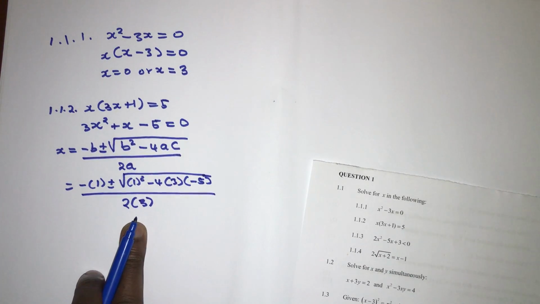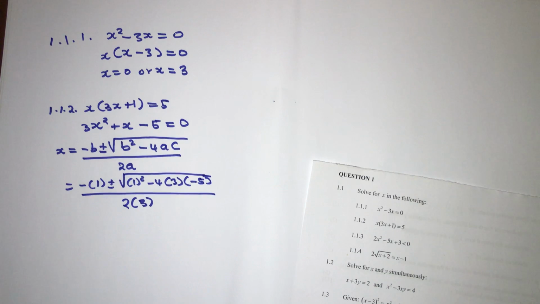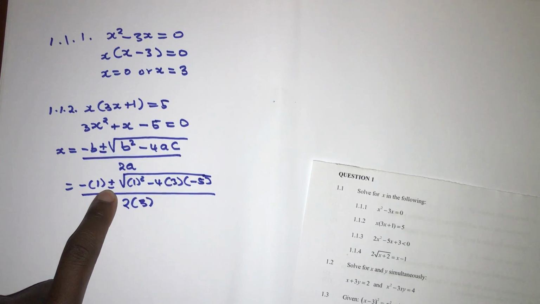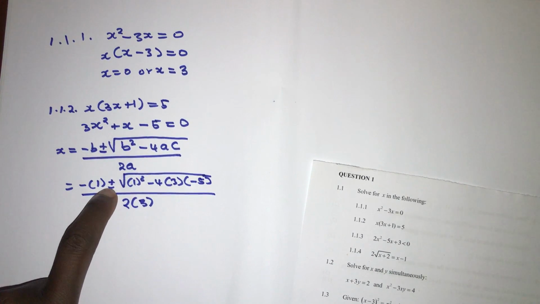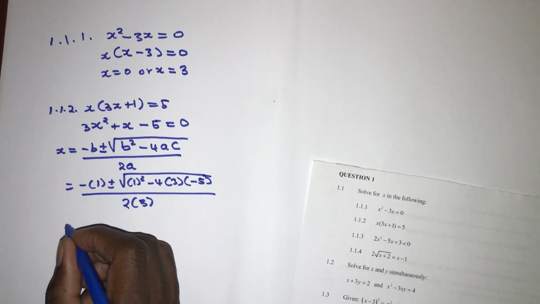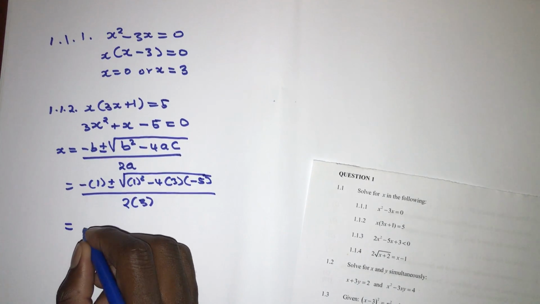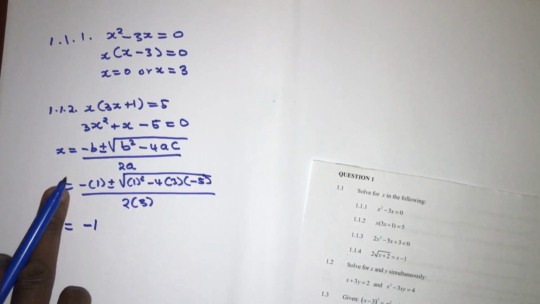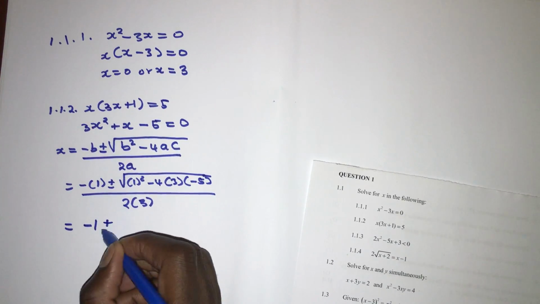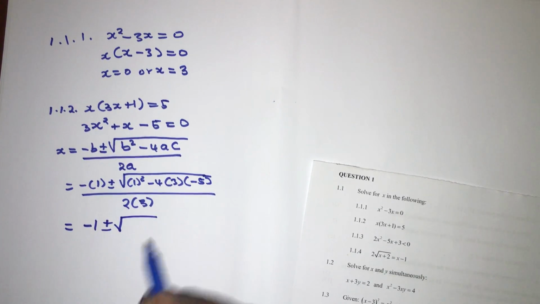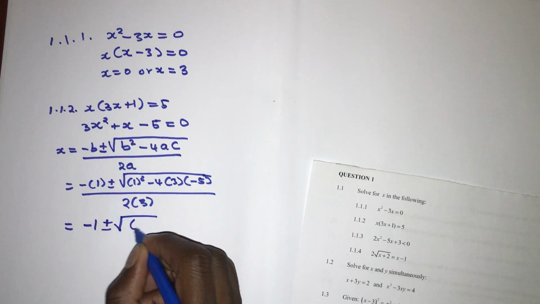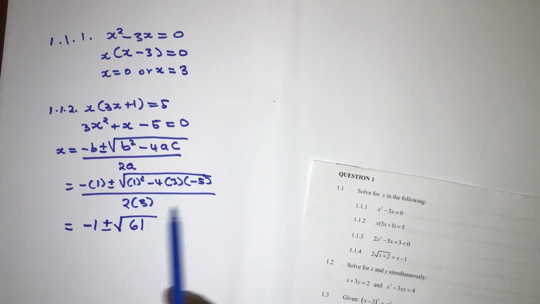So when you're in this situation, just punch the calculator, but first you ignore the negative sign. You use the positive sign first. So let me simplify this. We're going to have negative 1 plus or minus the square root of 61. So when you do everything inside the square root, we're going to have 61.